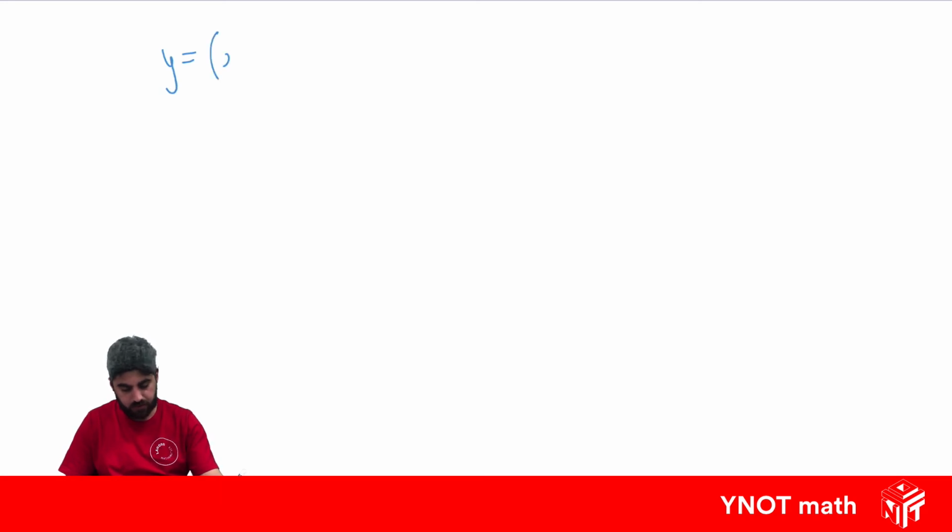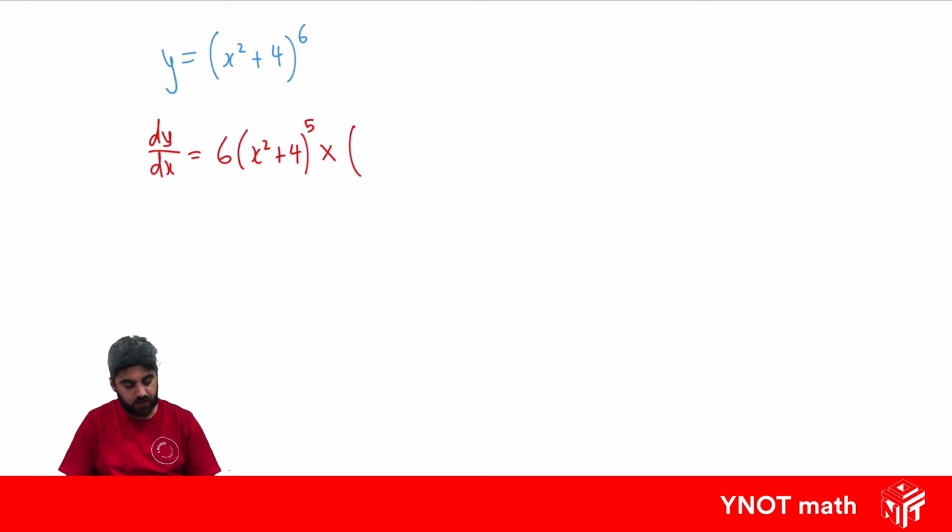y equals (x squared plus 4) all to the power of 6, and we want to find the derivative. Well, here's where we're going to need the chain rule. So our derivative, we bring our power to the front, write our function, minus 1 on the power, and we need to multiply by the derivative of the function inside the bracket.